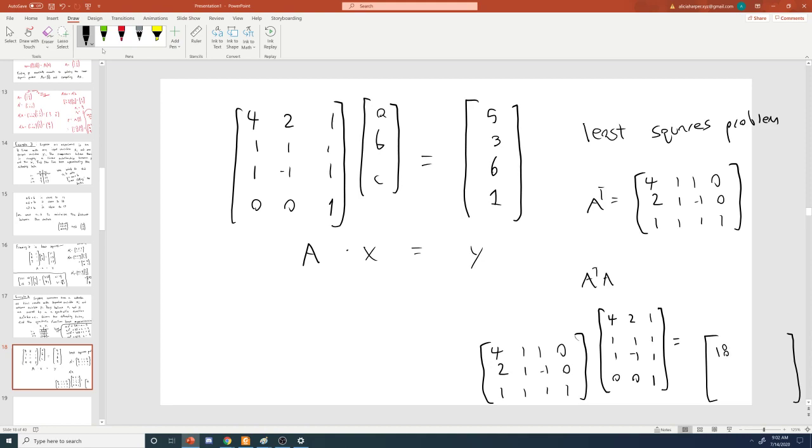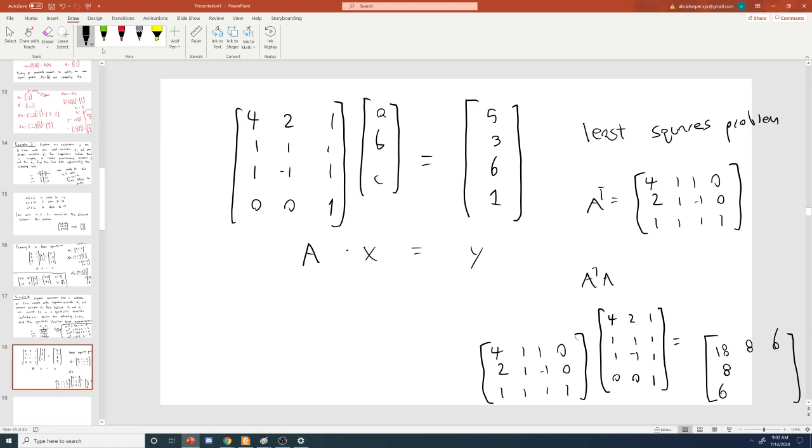And then if I multiply this by this, I'm going to get 8. And if I multiply this by this, I'm going to get 6. Now if I multiply this by this, I'm also going to get 8. If I multiply this by this, I also get 6.